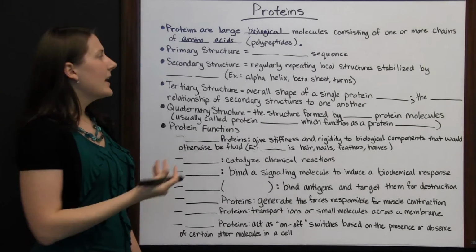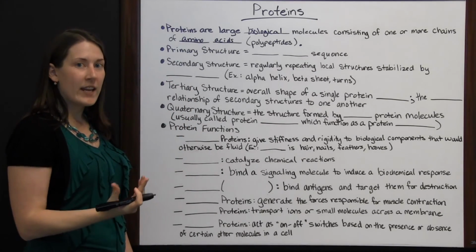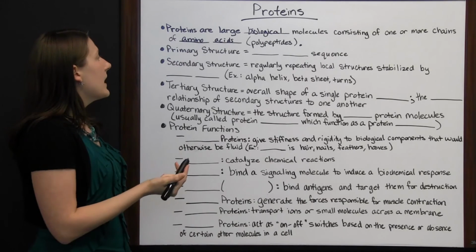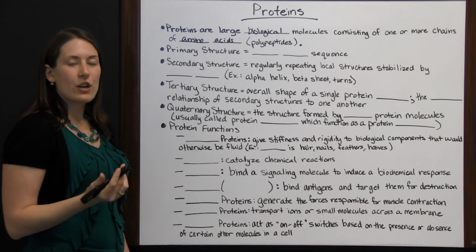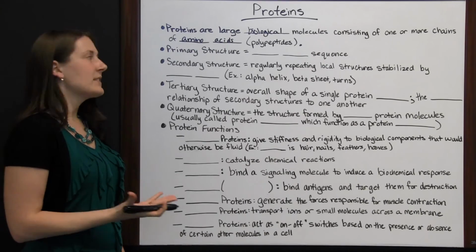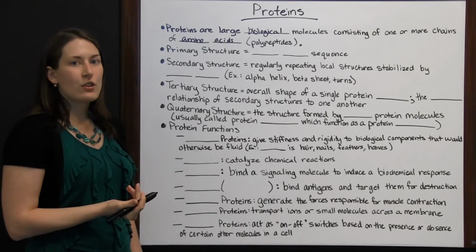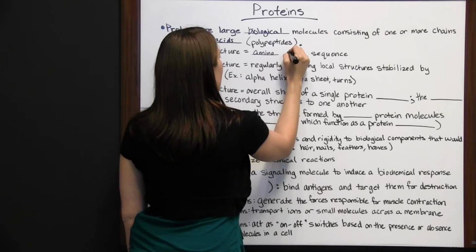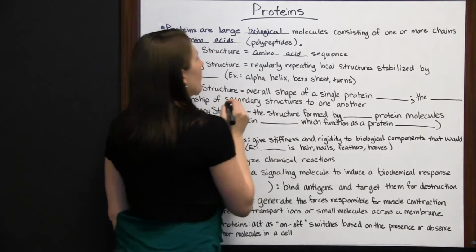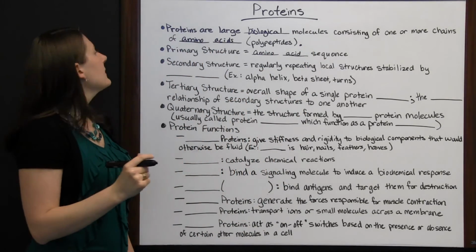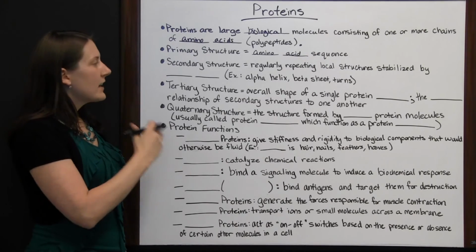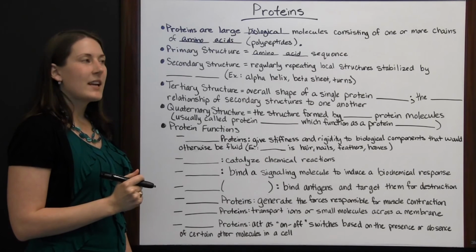So a polypeptide is an amino acid chain, not just an amino acid, but the whole chain of them connected. Now, proteins have different structures based on how many of them are present. So the primary structure of a protein is its amino acid sequence. So just the one chain, the one polypeptide chain, and what sequence those amino acids are taking.